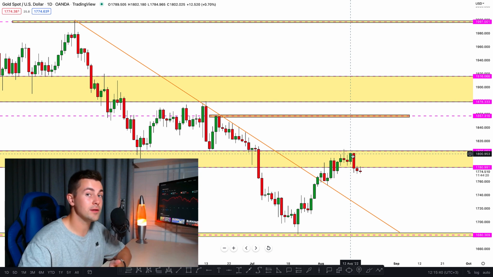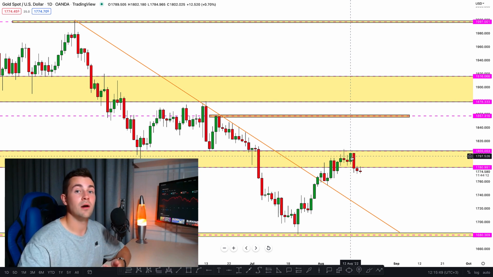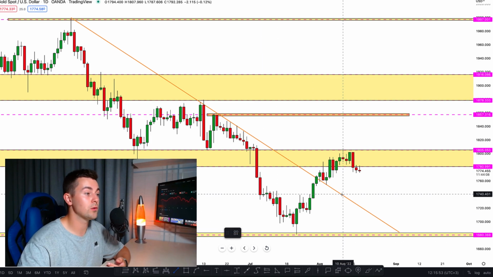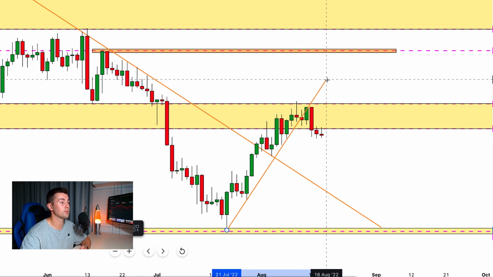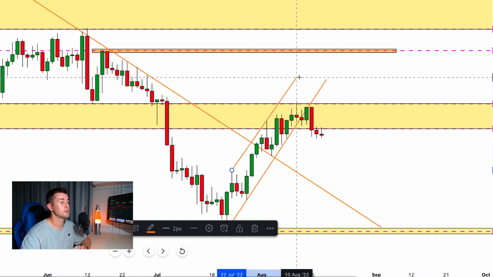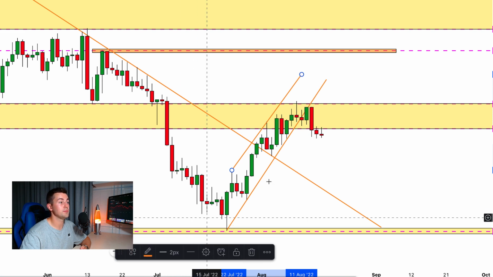Once one of the key levels is reached, your task is to always look for confirmations. Yes, for some confirmations, preferably on intraday time frames. And what can be a confirmation? For example, you can see that here in gold, the price broke the support line of this bearish flag.